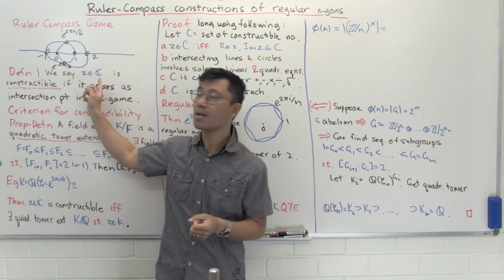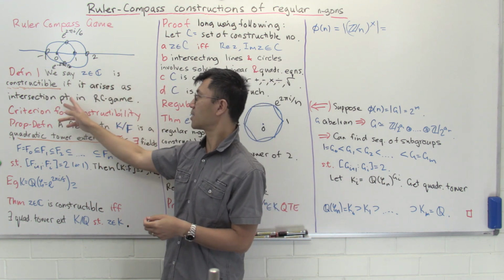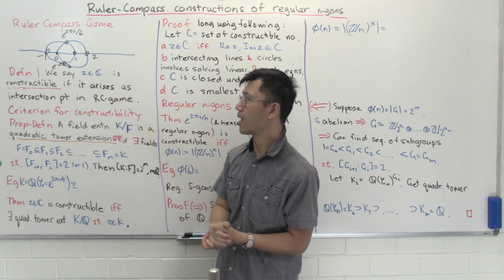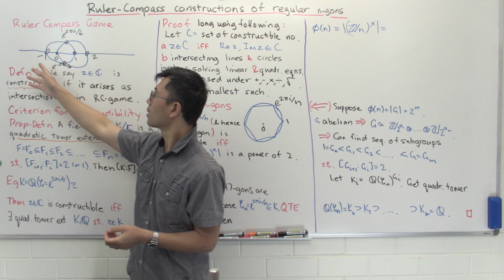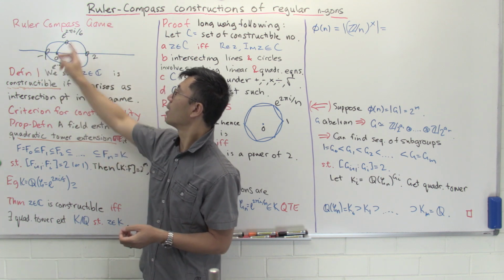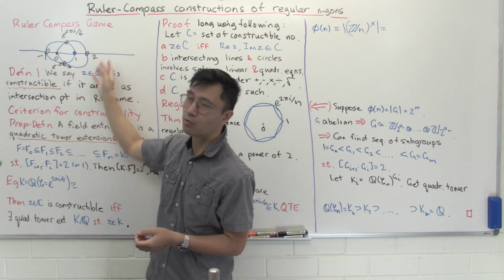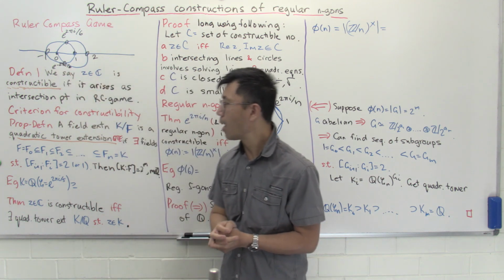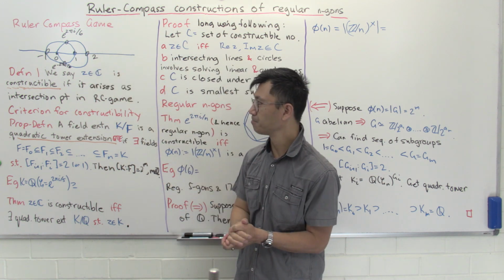We'll say a complex number z is constructible if it arises as an intersection point in this ruler compass game. So the constructible numbers that we see here are -1, 0, 1, 2, e to the 2 pi i on 6, and e to the minus 2 pi i on 6 here. But of course, there'll be infinitely many as we are allowed to play this game indefinitely.